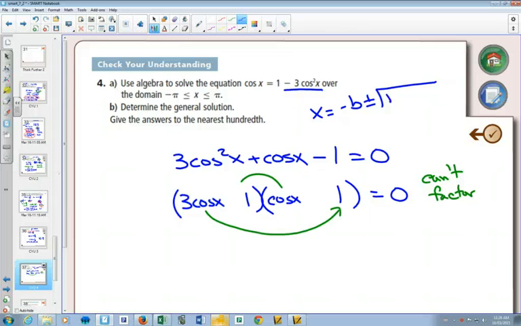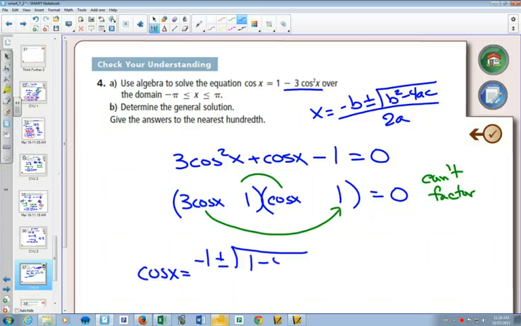Quadratic formula, new this year, is on your formula sheet. So that is good. Otherwise, you'd have to have it memorized. So now I'll have cos of x equal negative b, negative 1, plus or minus the square root of b squared minus 4.